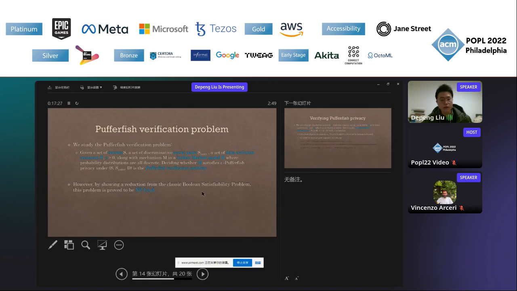However, by showing a reduction from the classic Boolean satisfiability problem, this problem is proved to be NP hard.